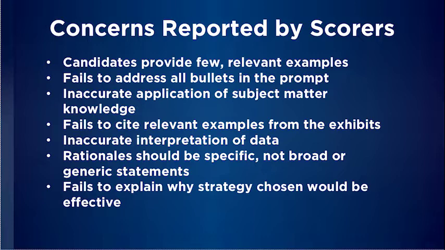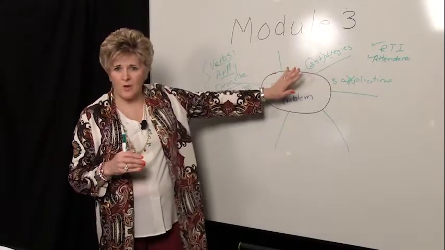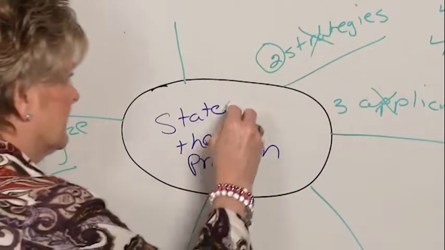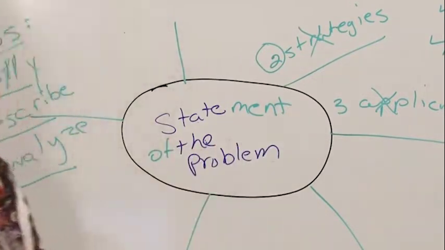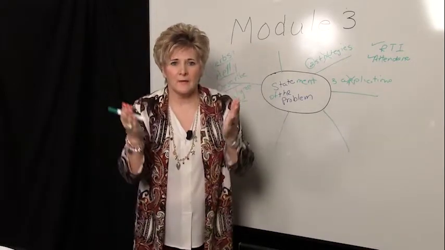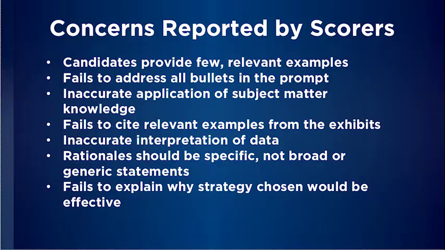Rationales should be specific, not broad. You can state back your statement of the problem, and then you can start broad and narrow down. Narrow down is how you're going to solve this. And last but not least, one of the things that scorers report that examinees actually do is they fail to explain why a strategy that they've chosen would be effective.